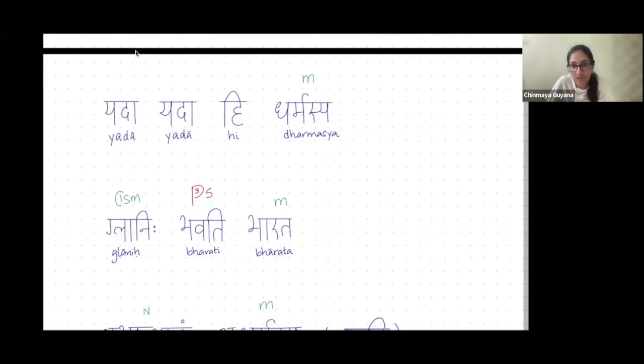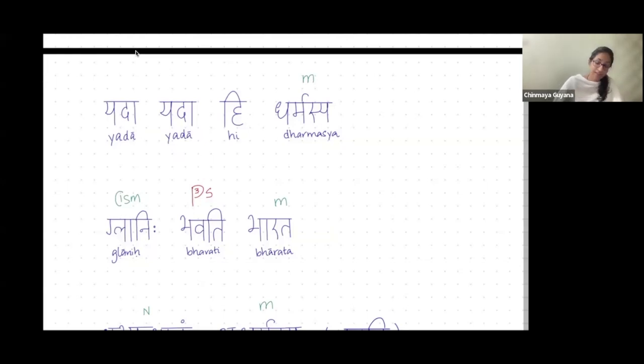Now, because you don't know it yet, I wrote it. That's the one word you wouldn't know. Glanihi. Everybody sees glanihi has first case singular masculine there. Glanihi bhavati. A glanihi is or becomes or happens something.